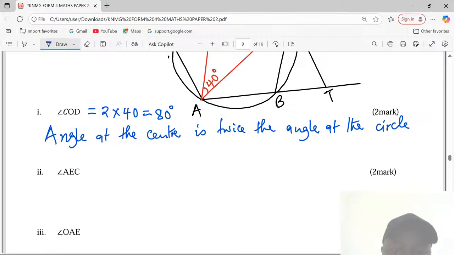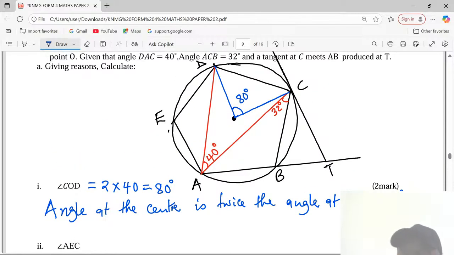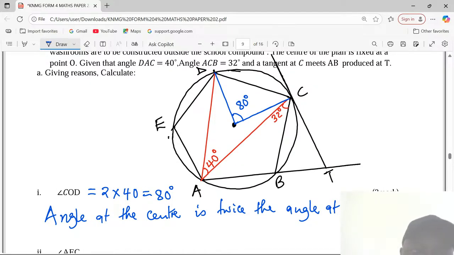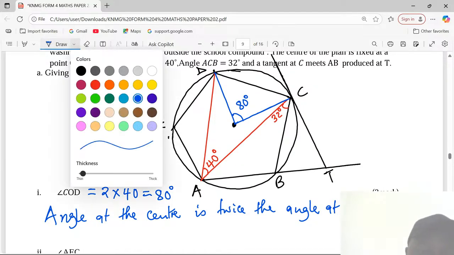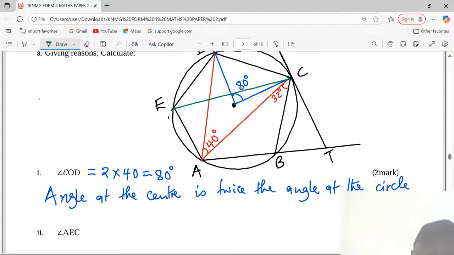AEC, the angle AEC. Let's look at that. I'm going to draw it using some color here. So allow me to connect C to E that way. This is now the angle that you need.